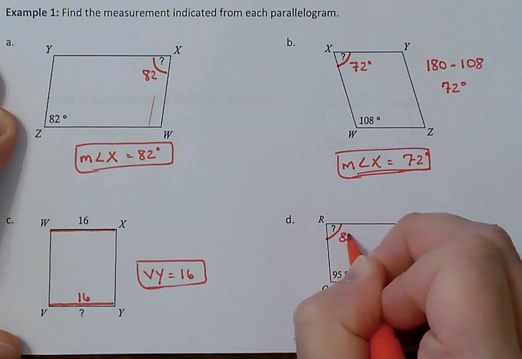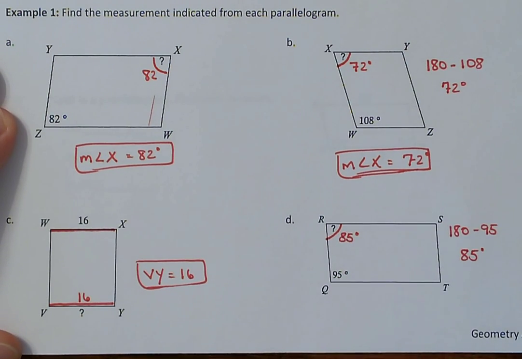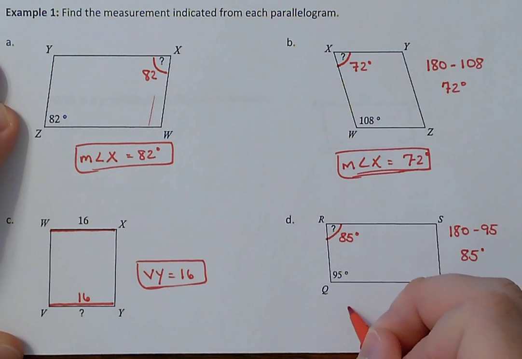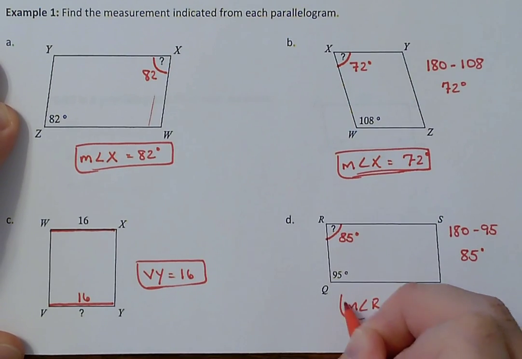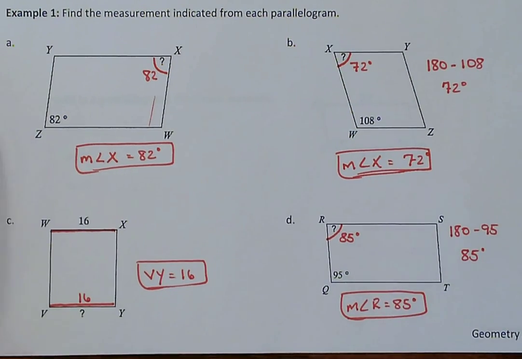So the measure of angle R is 85 degrees, and that is my answer for part D. And that is how we do example 1. If they ask you to find the measure of a side length, remember opposite sides are congruent. For angle measures, opposite angles are congruent, and consecutive angles add up to be 180 degrees.